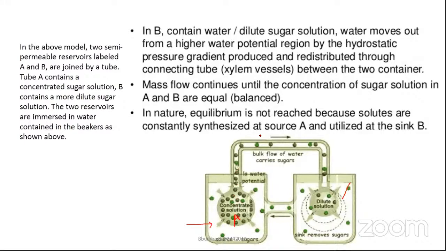And then you connect it via this connecting tube to another one with a very dilute solution. Remember also this flask B with a very dilute solution, but its membrane is also semi-permeable. It is also in water. Now, what do you expect?